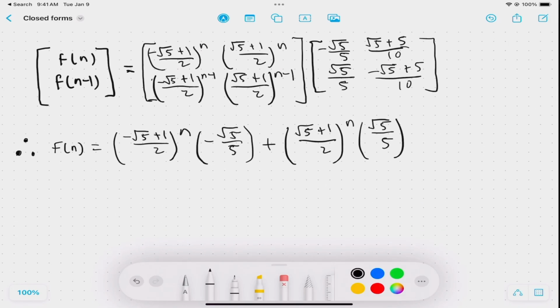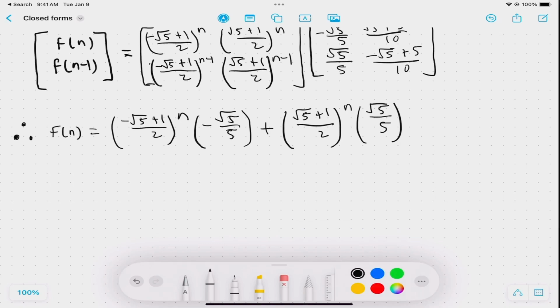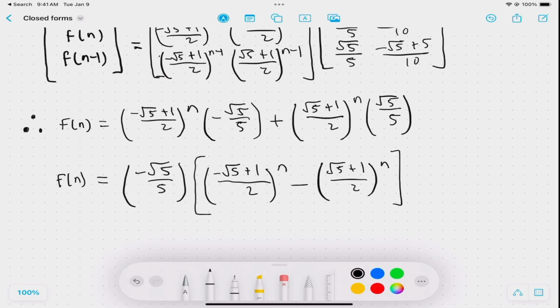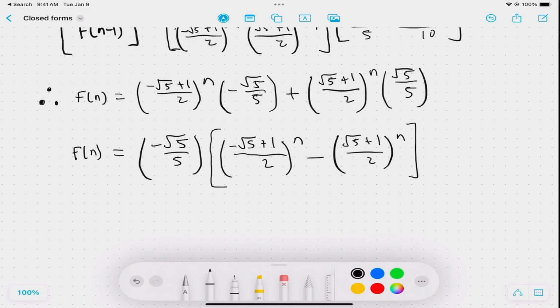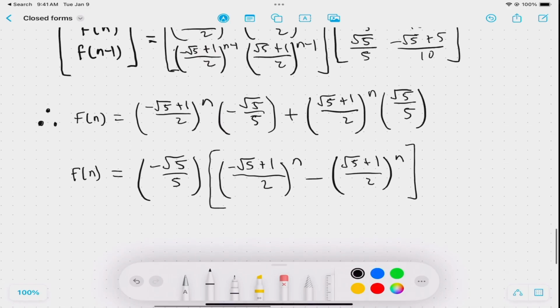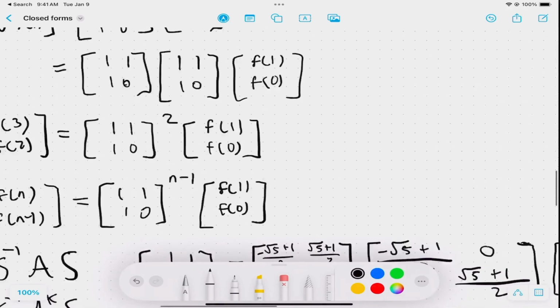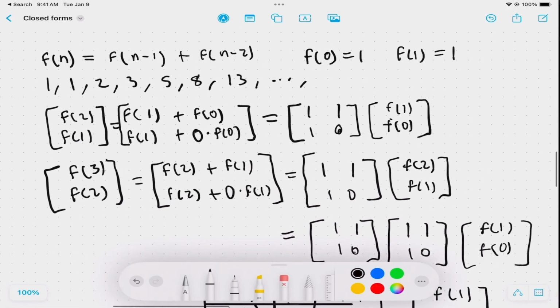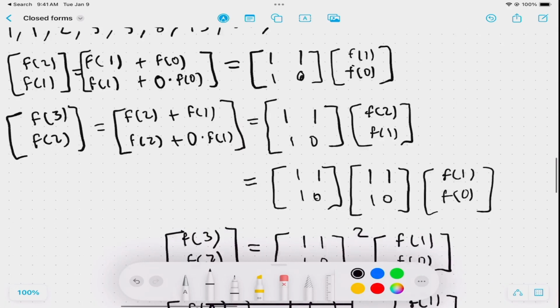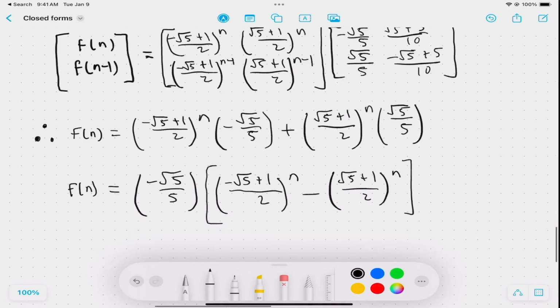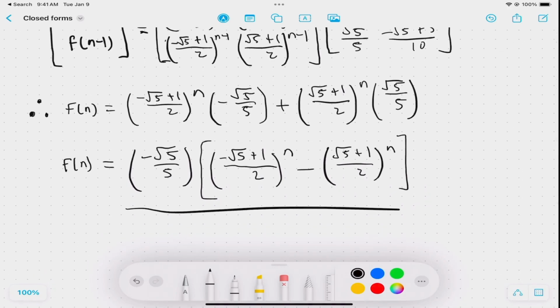And then from here, we can factor out a negative square root of 5 over 5. Alright, so after all of this arithmetic, we find that the closed formula for f of n is equal to this guy right here.